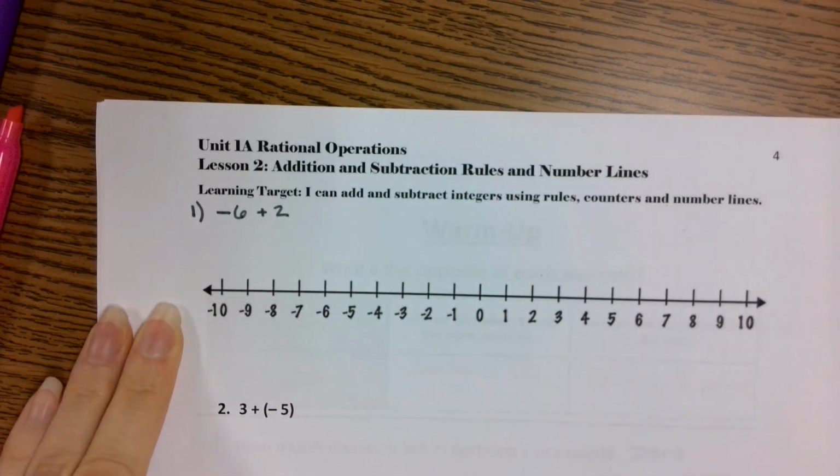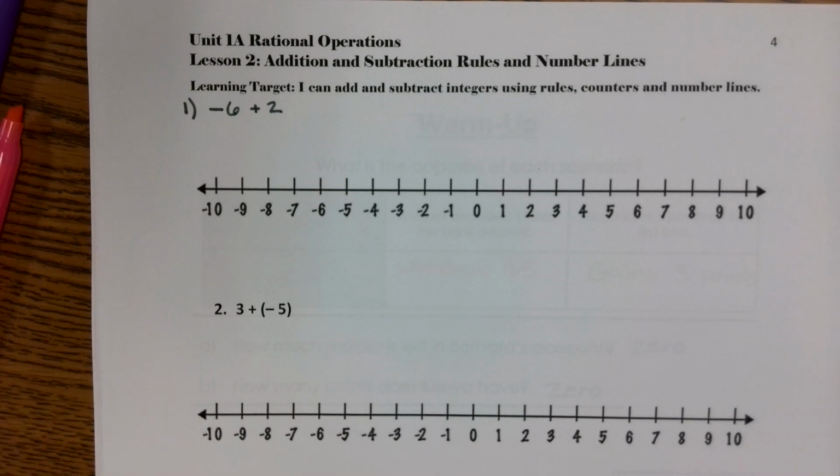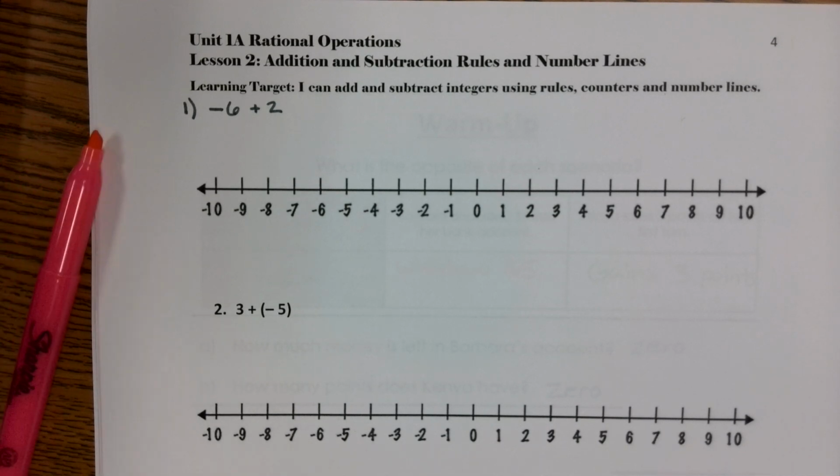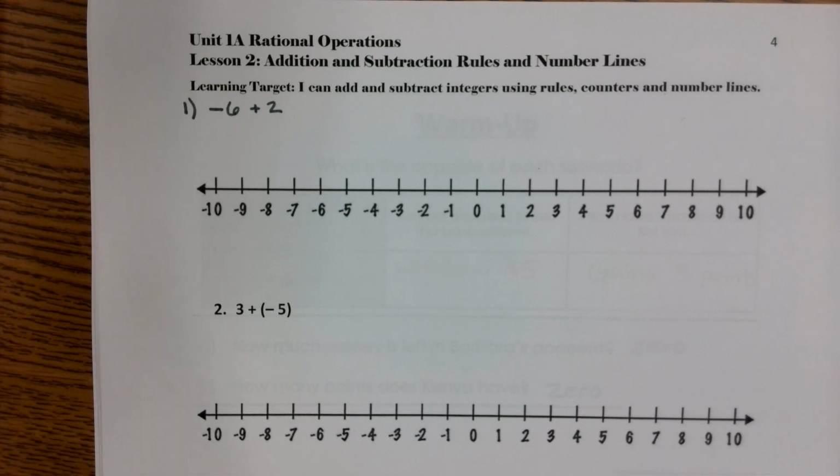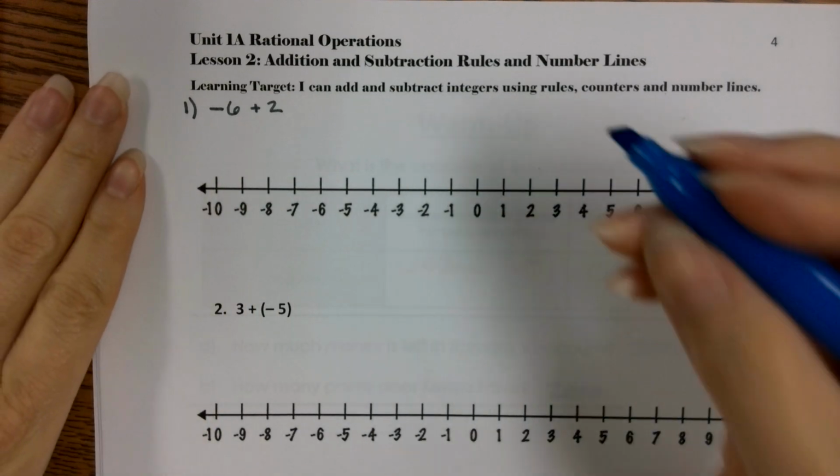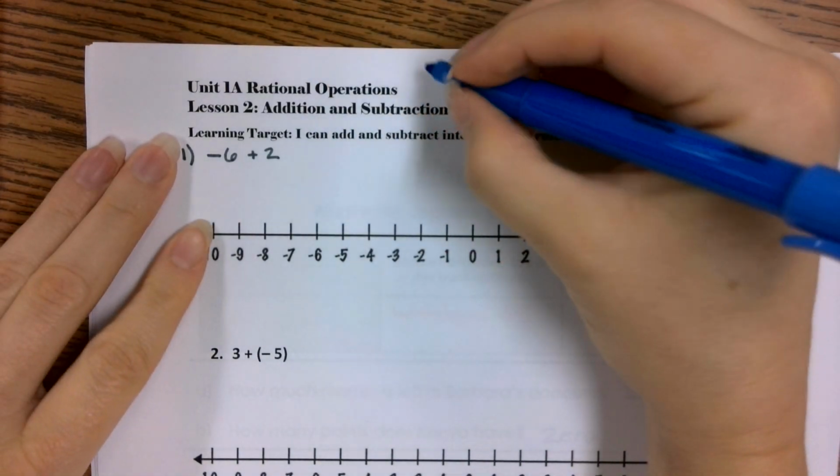Okay, so when we are modeling on a number line, we basically are focusing on the modeling of addition. When we model addition, our integers give us direction. So this is true for adding. I want you to write it up at the top.